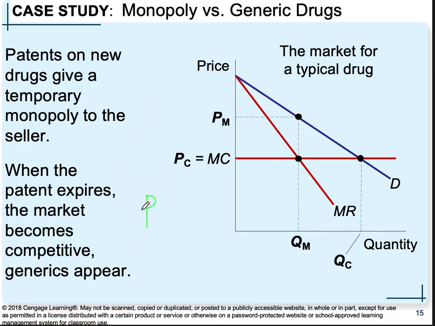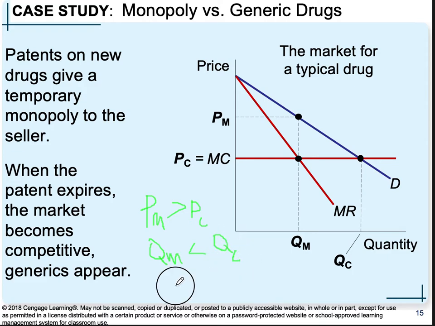So the price of a monopoly is always going to be greater than the price of a perfectly competitive industry. Quantity of a monopoly is always going to be less than the quantity of a competitive or perfectly competitive industry.